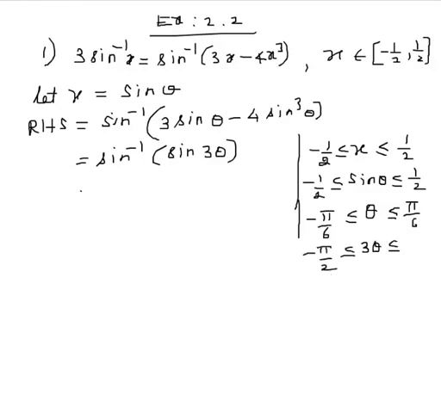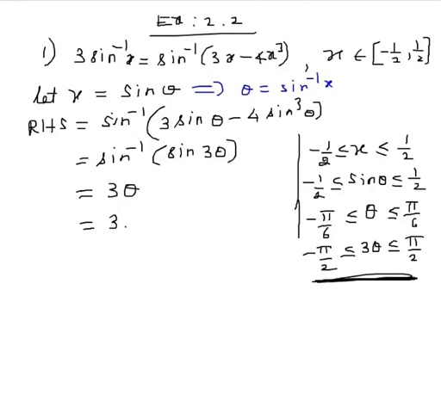So minus pi by 2 to plus pi by 2. So 3 theta lies in the principal value branch of sine inverse. So we can cancel sine inverse and sine, because 3 theta is in the principal value branch. Now substitute for theta. From here, theta is sine inverse of x. Therefore the answer becomes 3 times sine inverse of x, which is the left hand side.